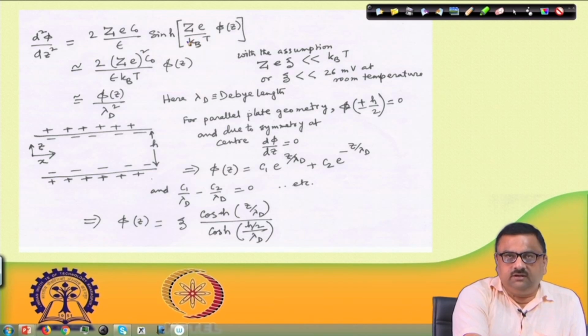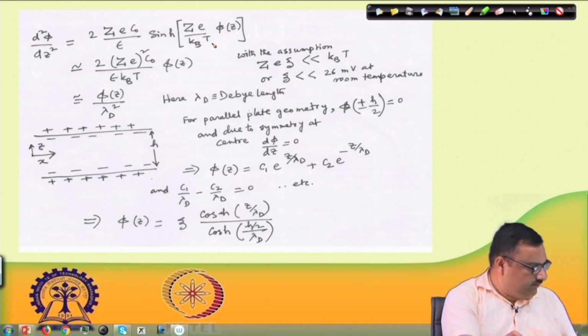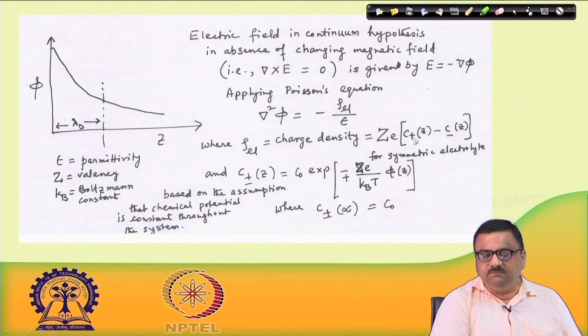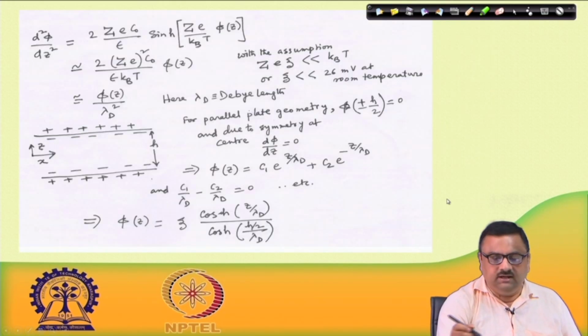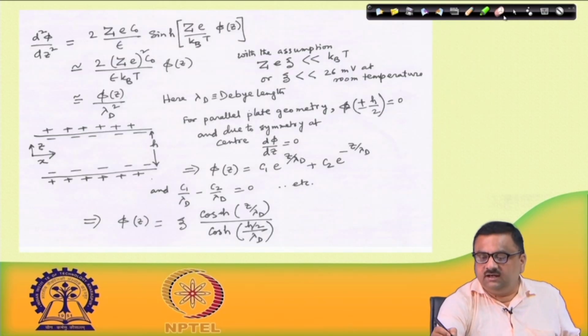Because we have C plus z minus C minus z, and C plus will have e to the power something, minus C minus will have e to the power something, so e to the power x minus e to the power minus x, that kind of relation ends up as a sine hyperbolic expression.